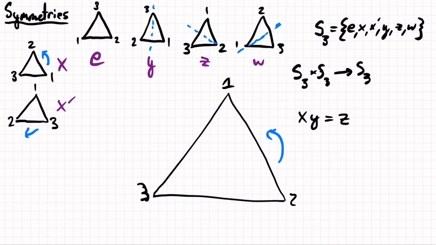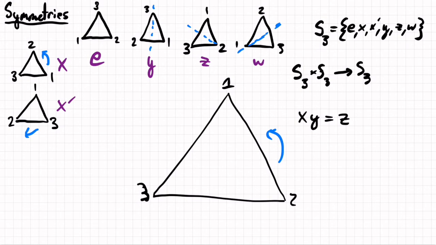And what that shows is that, well, if I do this for all of the symmetries, I'll see that if I keep composing symmetries, I'll get another symmetry. That'll be what I need to have this function be a real multiplication, be a multiplication law.